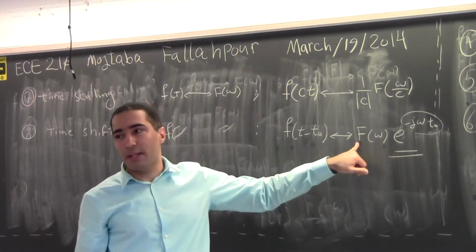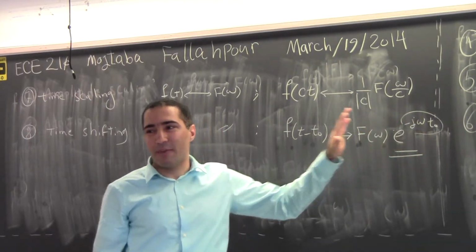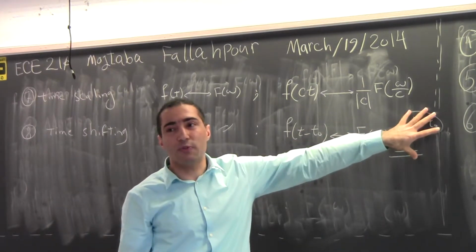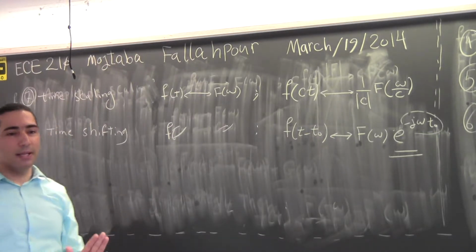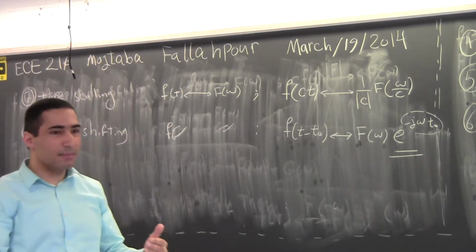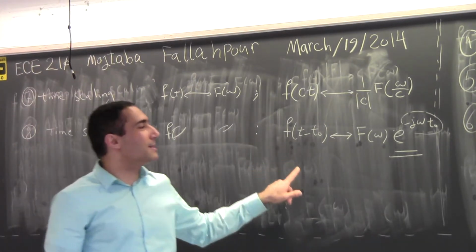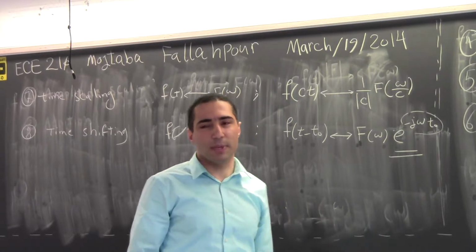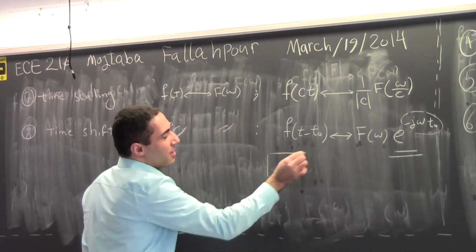Whatever the phase of the signal was is now shifted backward. Minus is backward. So delay in time translates to phase in the frequency domain. Your signal is going through your system, and your system is slowing down or shifting back your signal. It's equivalent to shifting your signal in the frequency domain. So I can use this to design something, call it a phase shifter.